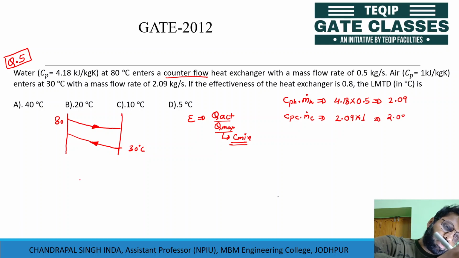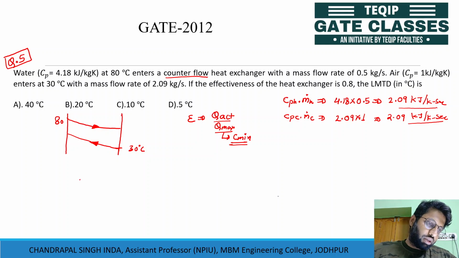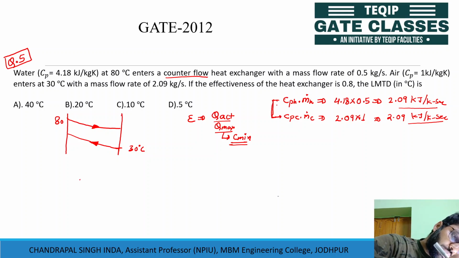So the units are kilojoule per Kelvin second for both. So the value of both heat capacity rates is the same, so we can use either of these as C minimum.